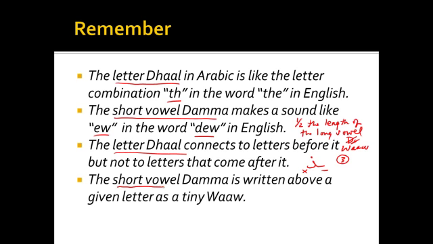Now, the short vowel Damma is written above a given letter as a tiny waw. So, for example, here we have the Dhaal, and then we write it like this. Now, the Damma can be written above any letter. So, for example, previous letters we've had, like the Dal, would be this, du. Or the Ta would be tu. Or the Tha would be thu, etc.